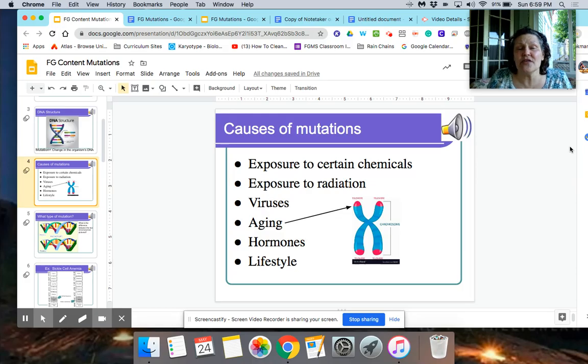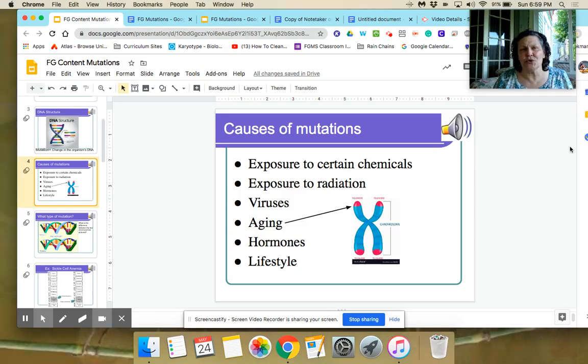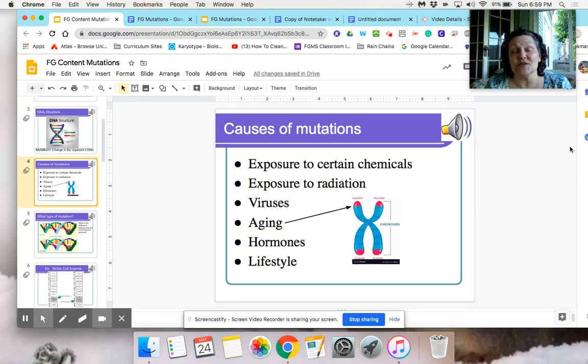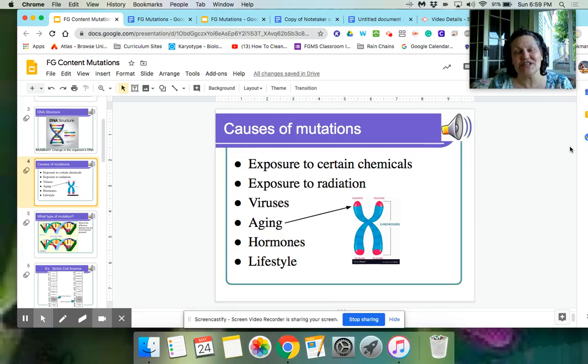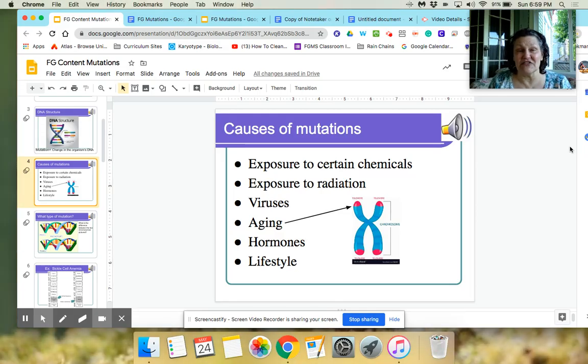Viruses are another way that genetic mutations can occur. One example of this: I used to work at UMass Medical Center in research, and there is a type of rat there called the BB Wistar rat. All over the world, these rats are used because they're diabetic. The rats can be forced to become diabetic by injecting them with a specific virus.